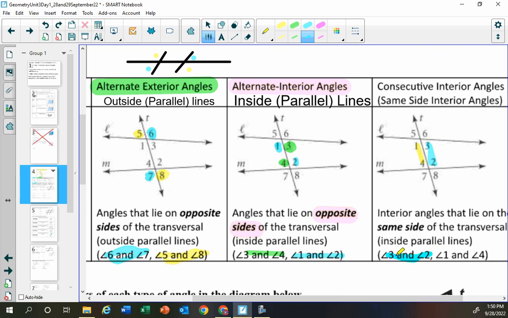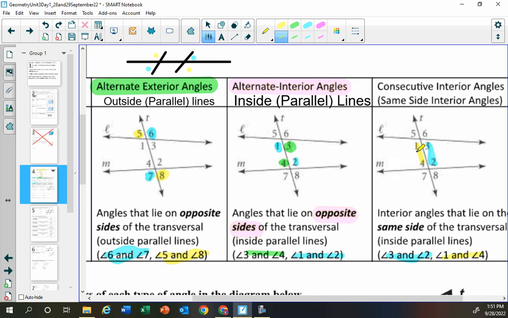So 3 and 2 are inside the parallel lines. And 1 and 4. But notice, unlike alternates, you had a crisscross, consecutives are the same. So notice the big difference between these two guys. You have to understand that big difference.